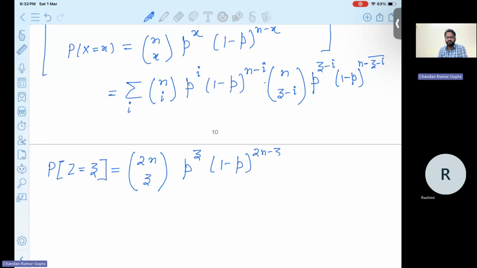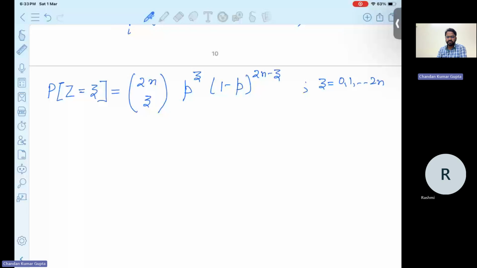After simplifying, we will get this, and we know that z equals 0, 1 up to 2n. So if you carefully look at the form of this Z distribution, you will find it is nothing but the binomial distribution again with parameters 2n and p.